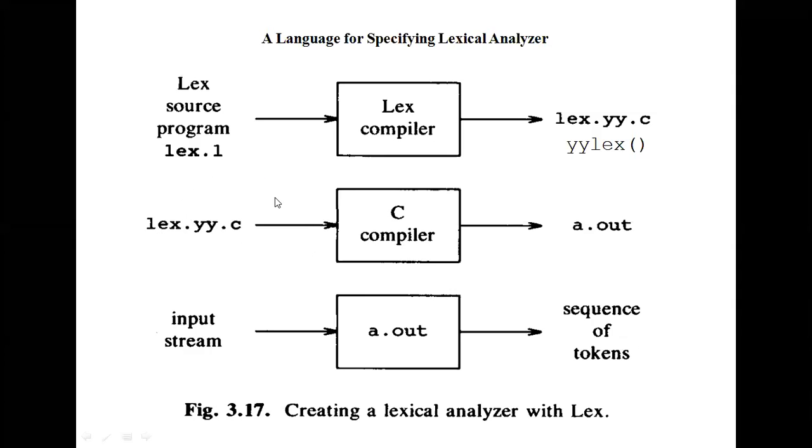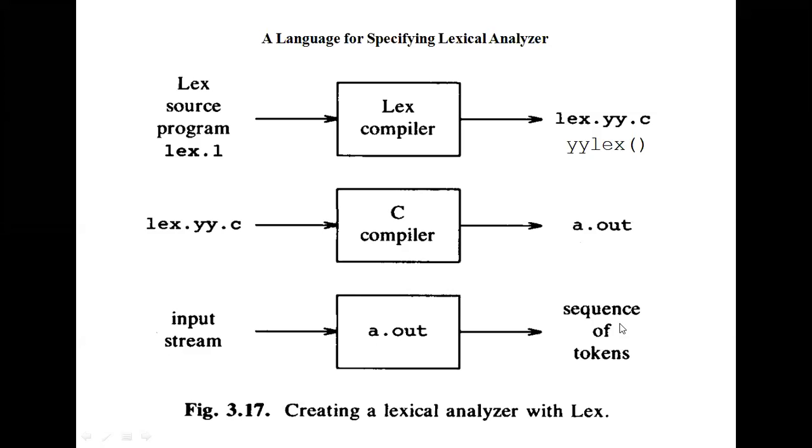This C code is directly carried over to lex.yy.c, and the C compiler compiles this and produces an object program like a.out. When some input stream is given to this a.out in step number 3, the sequence of tokens gets generated.